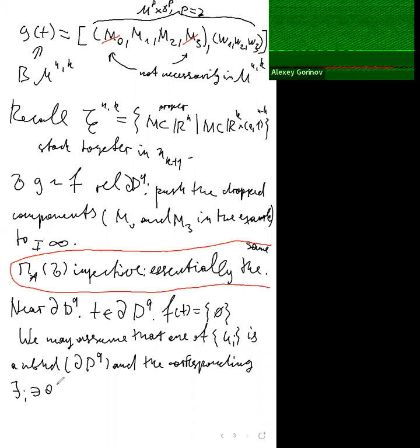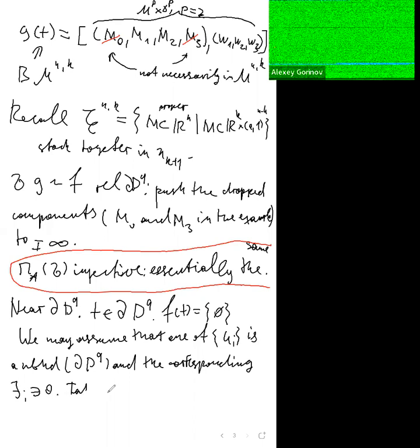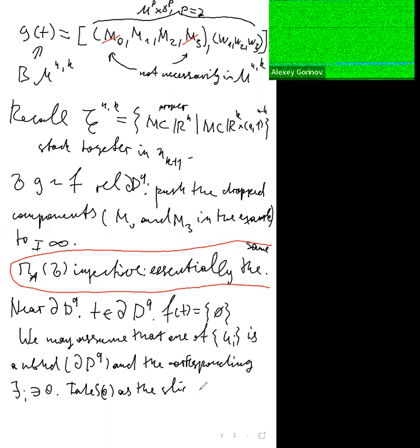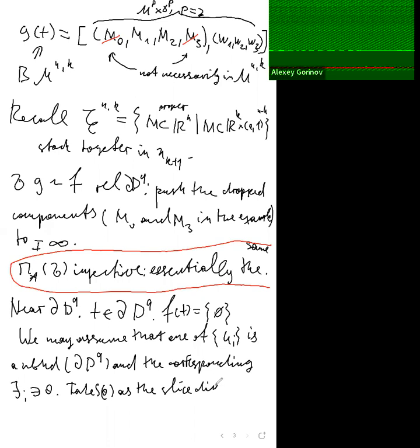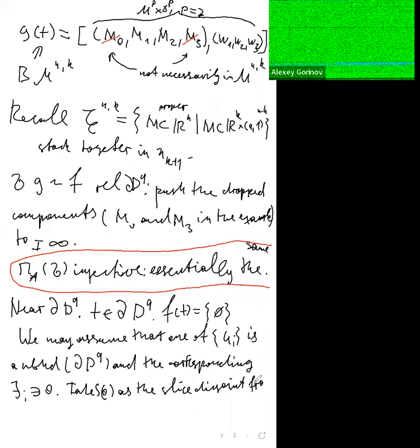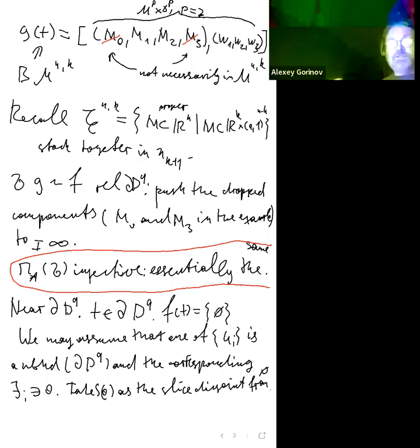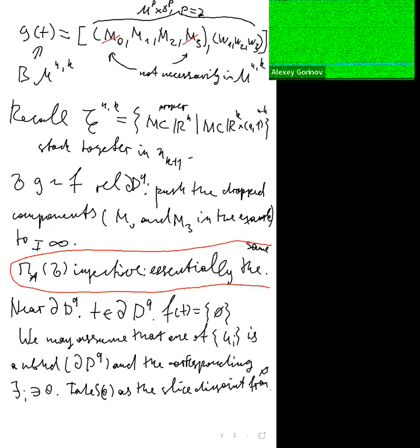Well, let's assume that it contains 0, and let's take S of 0 as the disjoint slice.